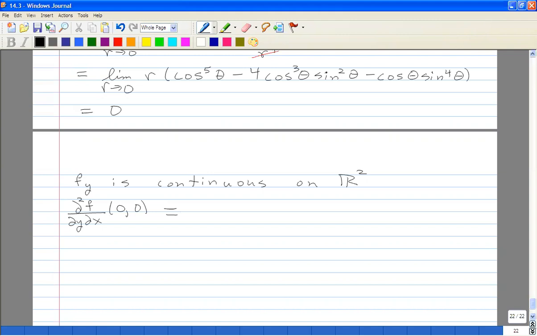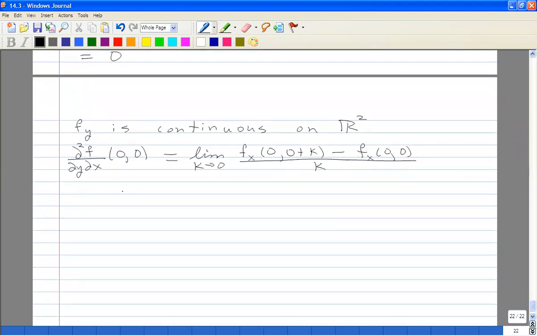So this is the limit as k goes to 0 of the partial of f with respect to x at 0, 0 plus k, minus the partial with respect to x at 0, 0, all over k.